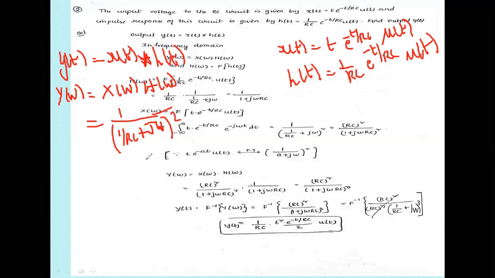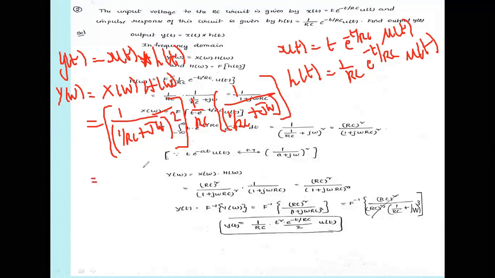1 by (1 plus RC j omega) whole square into H of omega. H of omega is also 1 by RC, which is already a constant, times e power minus t. In the same way we get 1 by RC plus j omega whole, not the whole square, only the term j omega power 1.